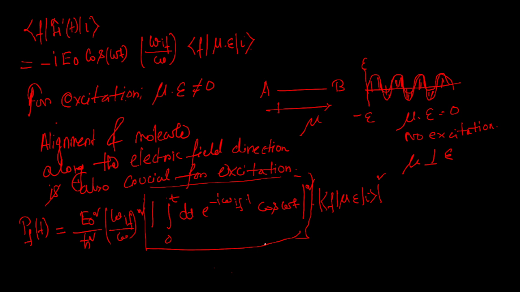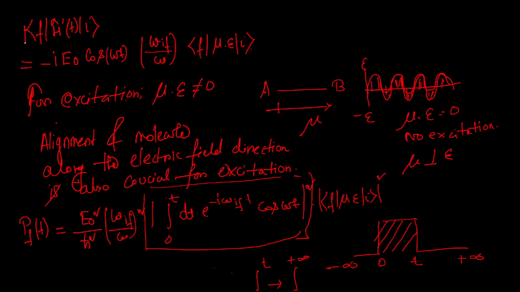Okay, so for that we use a simple approximation. If we consider the light is on from time minus infinity to plus infinity, but light is only on between 0 to t, so this is the time when the light is on, so we can write 0 to t as minus infinity to plus infinity.